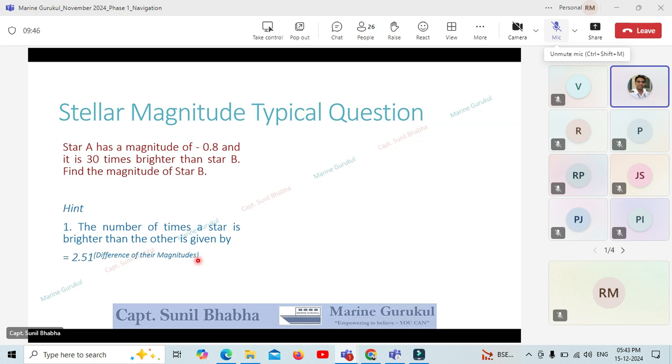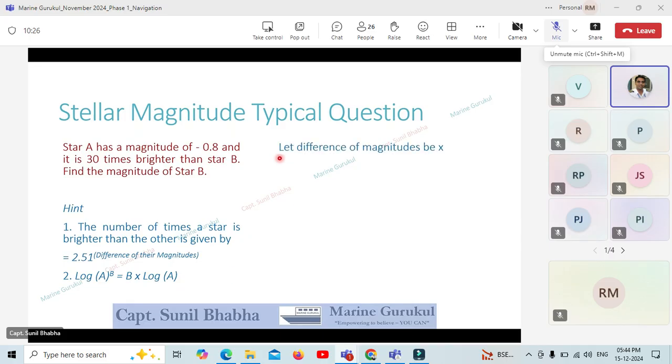Now, second concept which we need to be aware of, which we have done in our school time, that is a logarithmic concept. That formula, logarithmic formula, is log of a raised to power b is equal to b multiplied by log of a. So this is a logarithmic formula which we need to use to solve this particular question. So once we are aware of these two things, the question can now be solved.